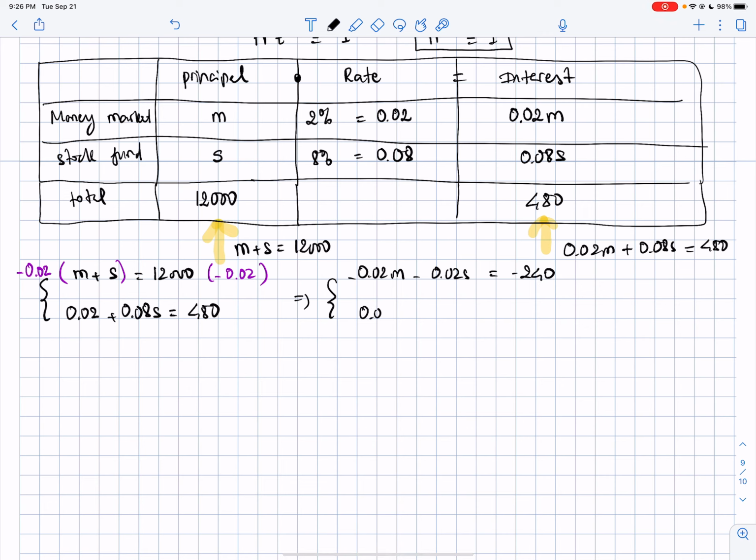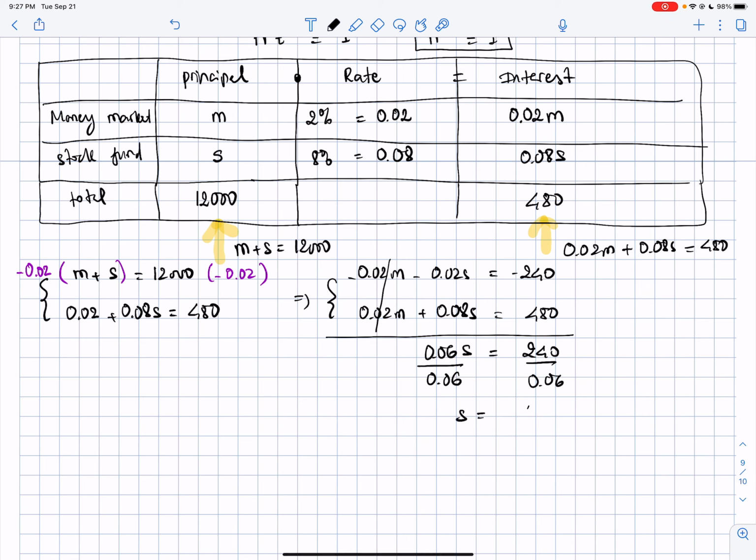And then copy the same thing for the second one. Now we add these up, M cancels out, so we get 0.06 S equals 240. Then divide by 0.06 on both sides, and S will equal 4,000.